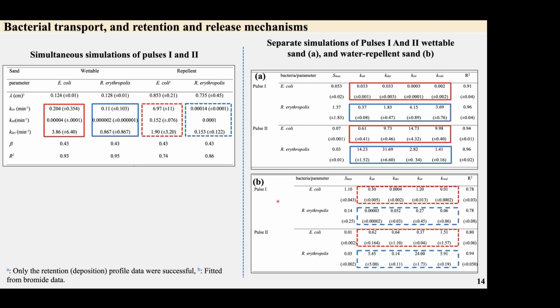But when we look at water repellency, it was interesting to see that except one case, that was for E. coli with high retention, all data shows that bacteria were strained. So straining as a physical mechanism has been the dominant mechanism.